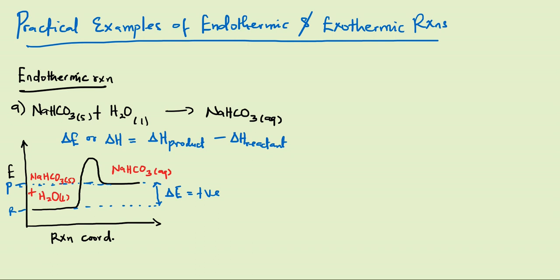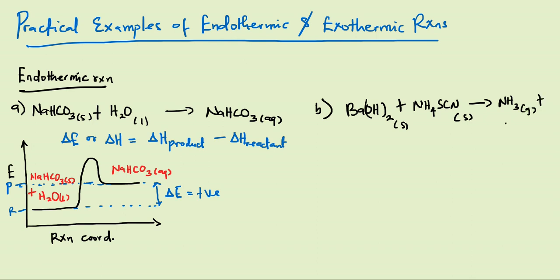And another example is with barium hydroxide and ammonium thiocyanate. So it forms ammonia gas with some other products.